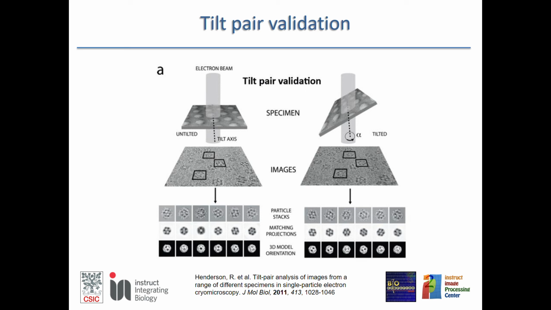And then Richard Henderson came out with this idea that you can tilt your specimen. So you take two images, one that is tilted, another one that is untilted, and the tilt doesn't need to be very strong, just 10-15 degrees, and then you make the angular assignment of both.